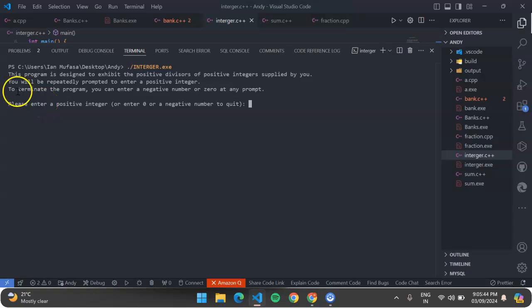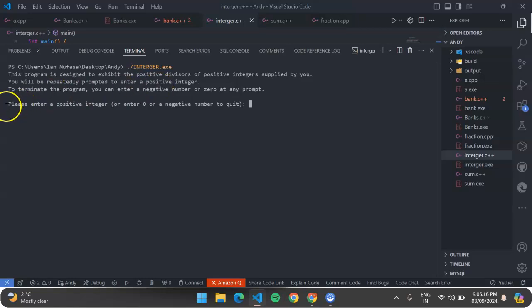This is the output: this program is designed to exhibit the positive divisors of positive integers supplied by you. You will be repeatedly prompted to enter a positive integer. To terminate the program, you can enter a negative integer, a negative number, or 0 at any prompt, meaning it is giving you the choices.